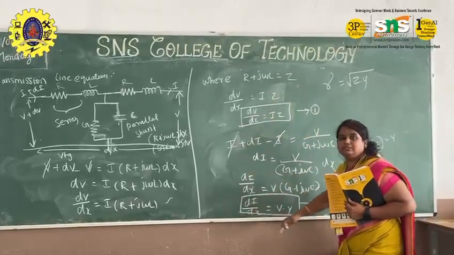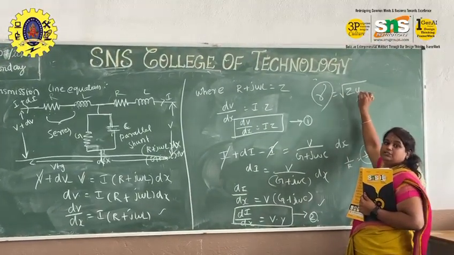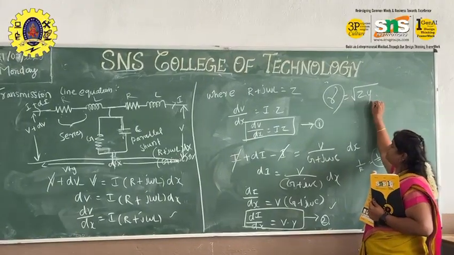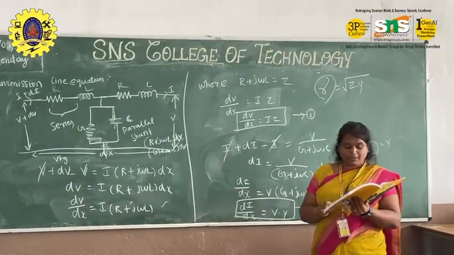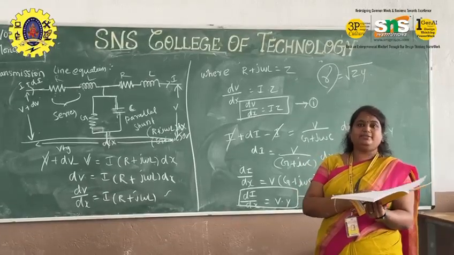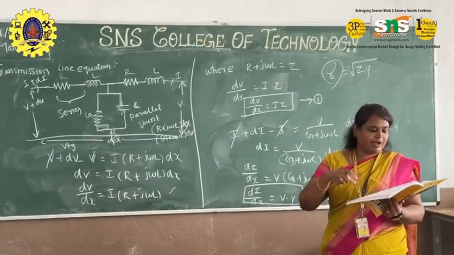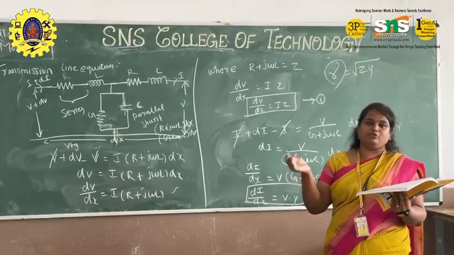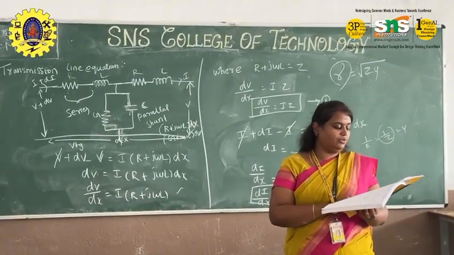We derive this because we need the propagation constant gamma, from impedance into admittance. After that we have to find the arbitrary constants A, B, C, D and substitute them, and finally we can get the equations for V and I.